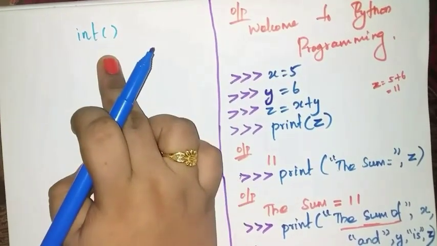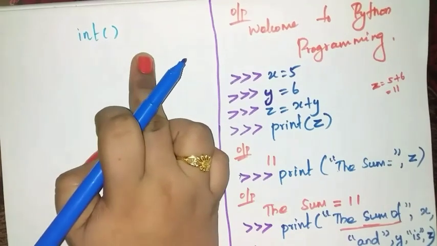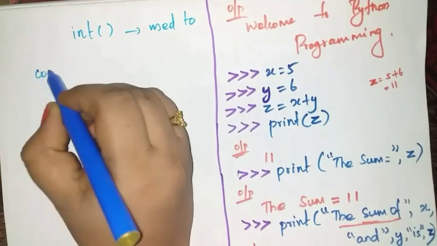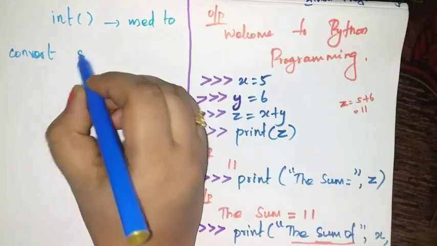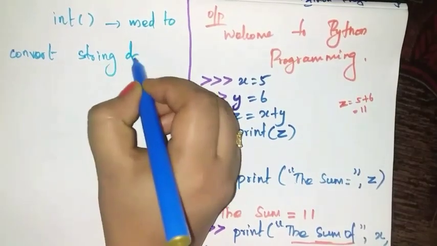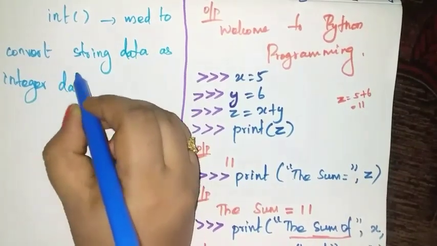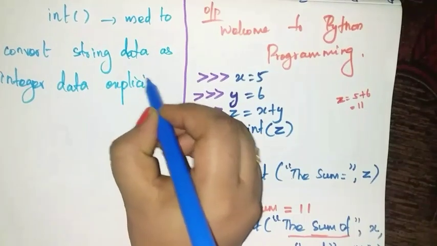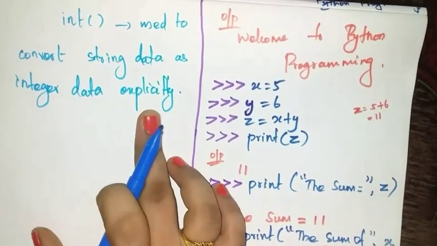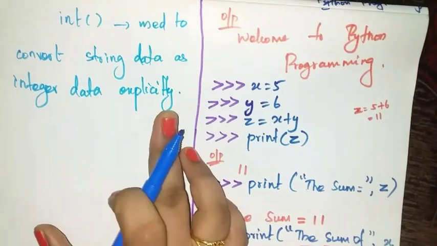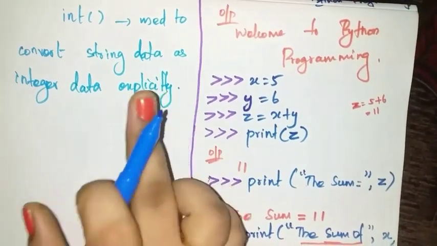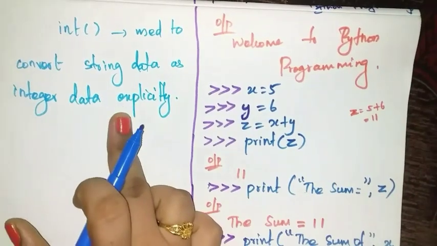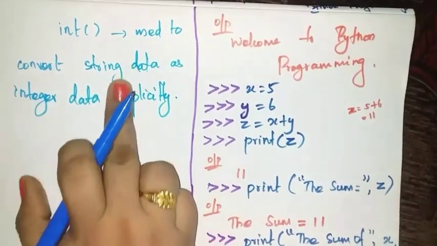This function is used to convert string data to integer data explicitly. The input function only accepts strings or characters, but it will not accept numbers; it converts string data to integer data explicitly using the int function.